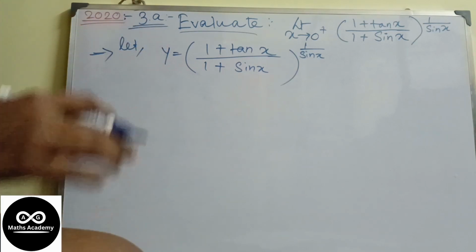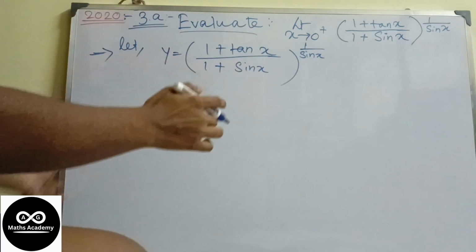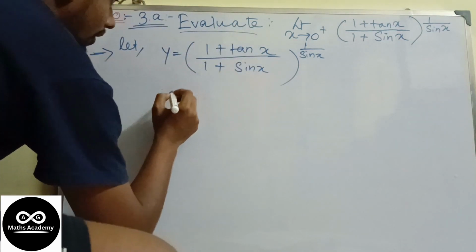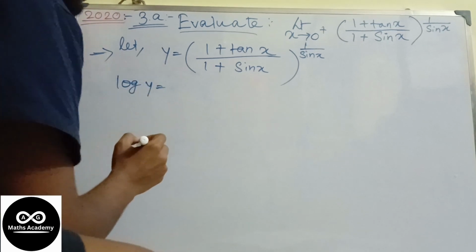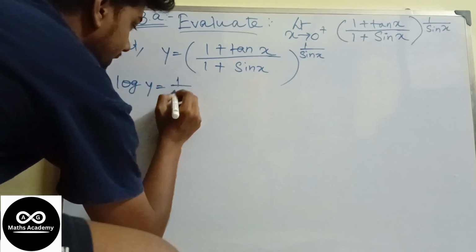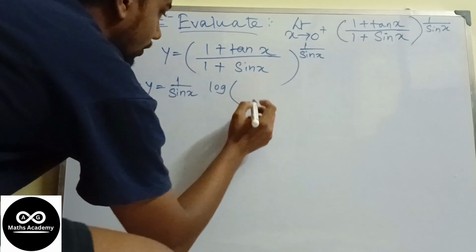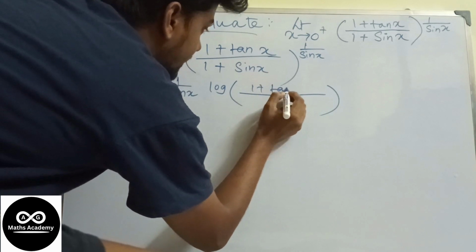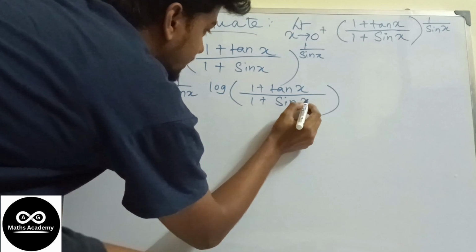Now what we're gonna do here, we're gonna take log on both sides. So say log y is equal to 1 by sin x log of (1 plus tan x) by (1 plus sin x).